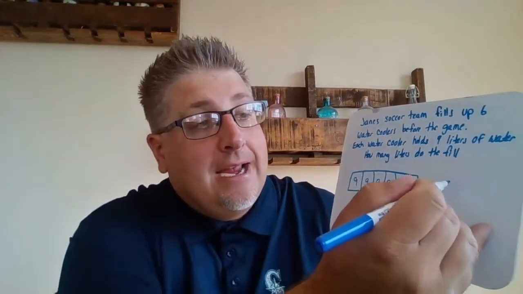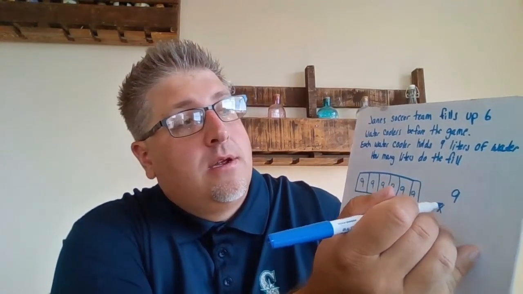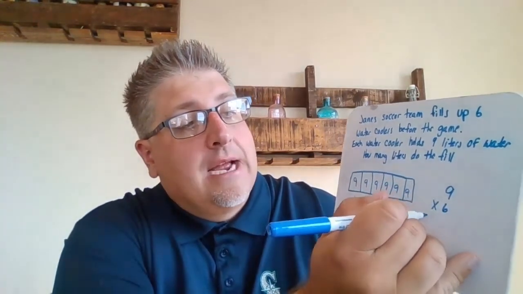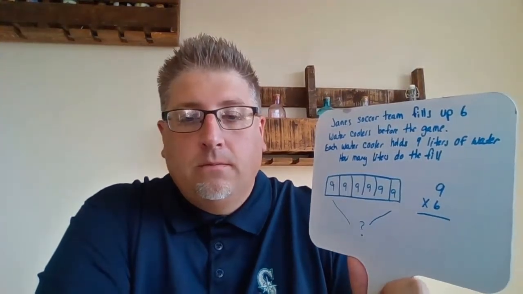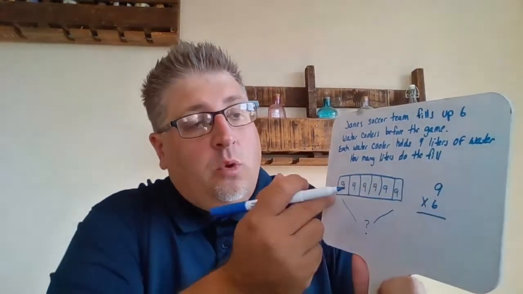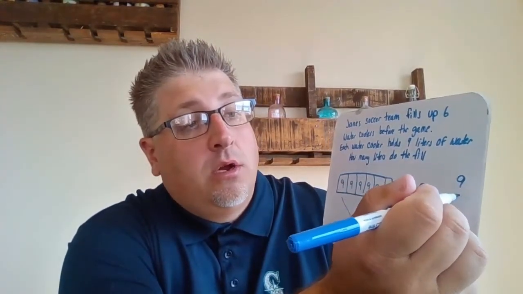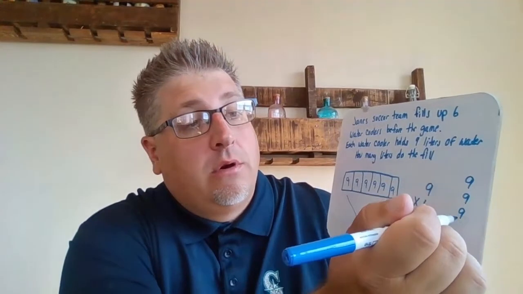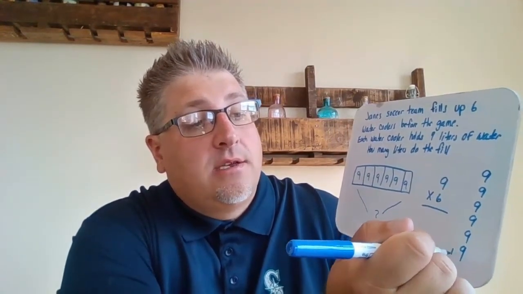So we could say we have 9 liters times 6 coolers. 9 times 6. Or we could just take these 9s and add them up. 1, 2, 3, 4, 5, 6.